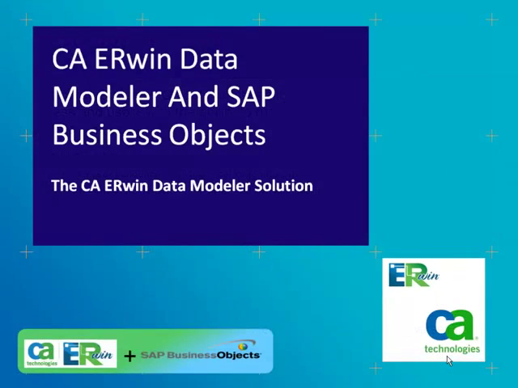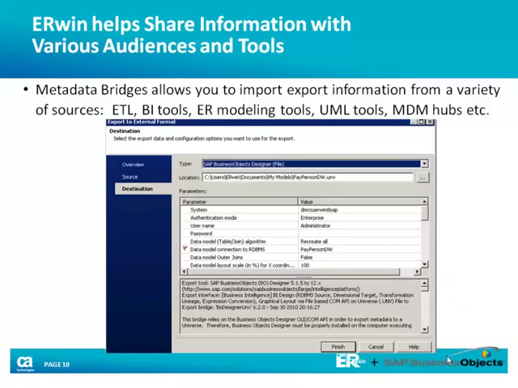CA ERwin Data Modeler solution. Along with all the different kinds of reporting capability for communicating to your various audiences and providing diagrams to the various audiences on what the information data looks like and what it means, ERwin also provides out of the box what we call the Meta Integration Bridge.